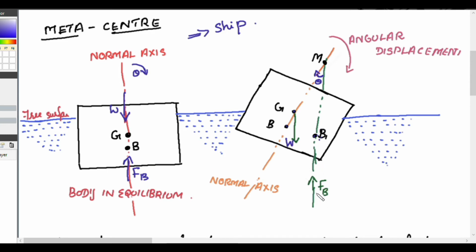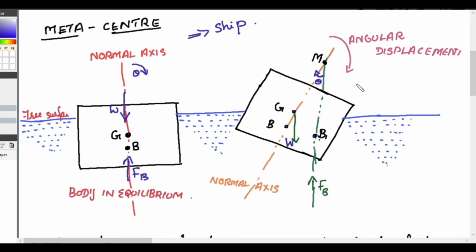So when it acts vertically upwards along B1, this buoyant force will meet the normal axis at a point M. This point M is called the metacenter.